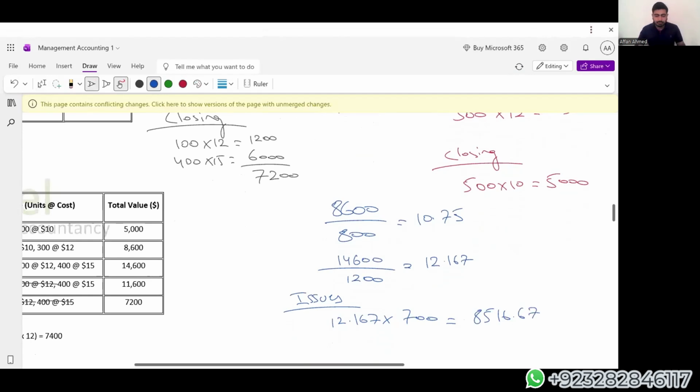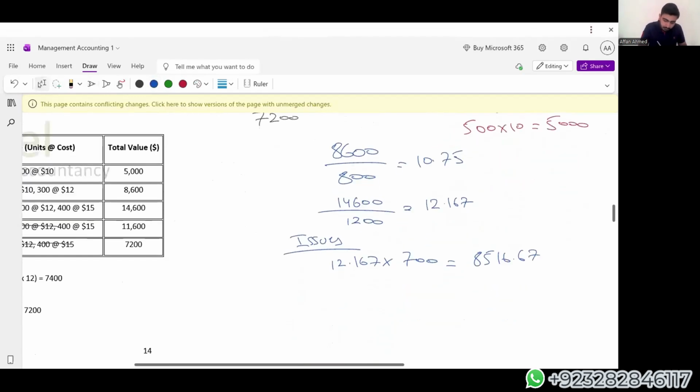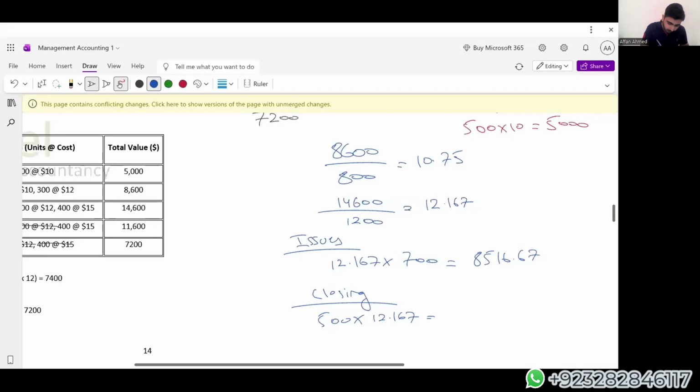Okay. Now 8,516.67 is the issues, and the closing inventory will be 500 units into 12.167. That brings our closing inventory to 6,083.